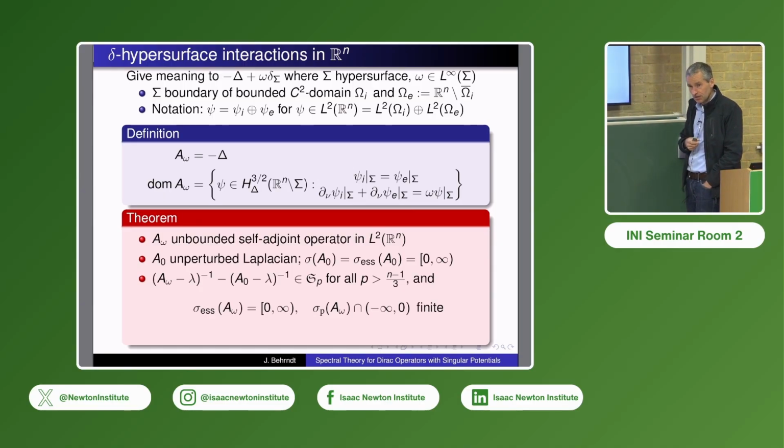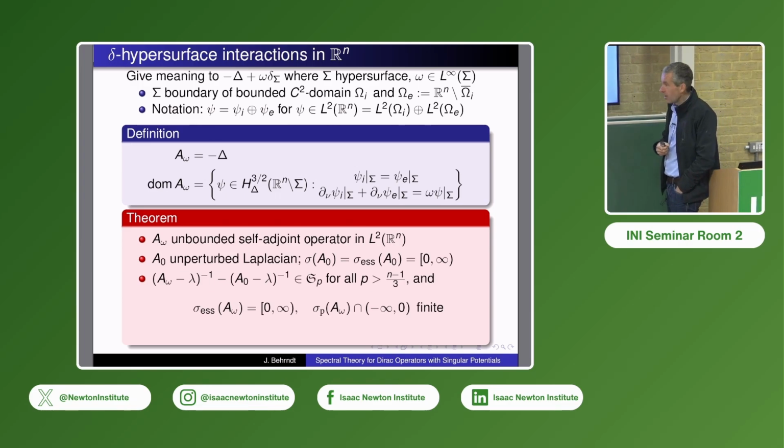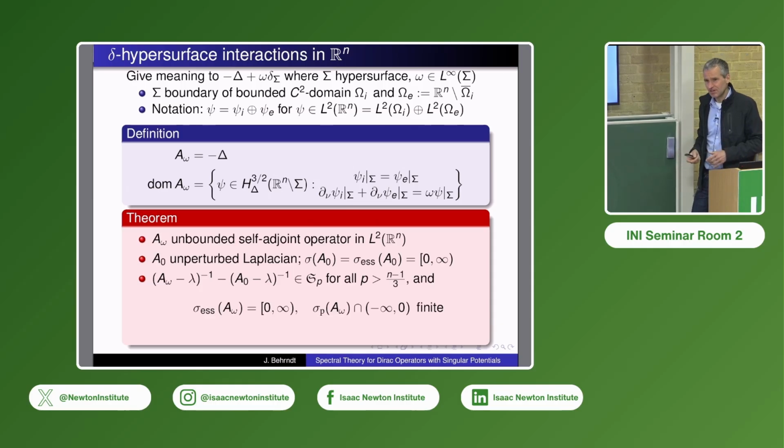So in the situation where you would take omega to be a constant, do you get better Schatten class? No, this is also for constant. No, this won't help. What is behind this are embedding theorems on the Sobolev spaces on the surface. So this won't change.